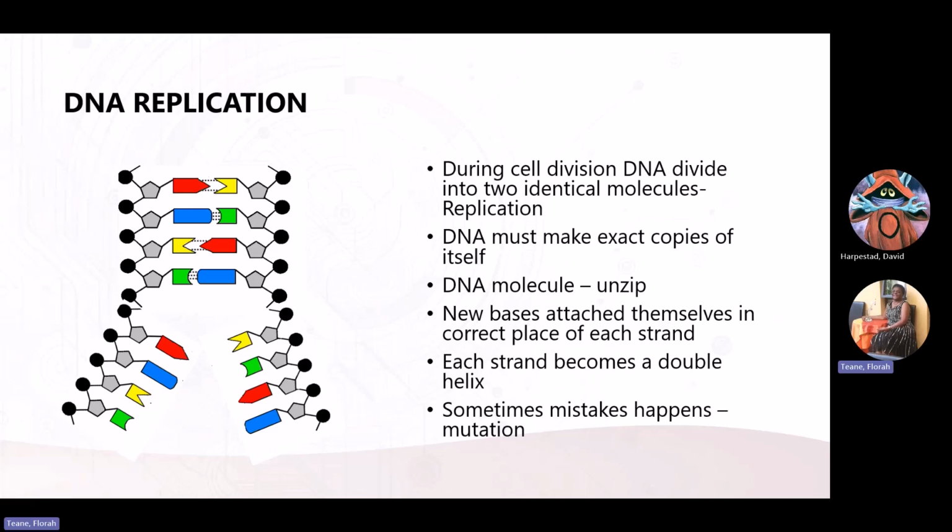It's no longer a double helix, but there are 2 strands that are not joined. Then what happens? Inside what we call the nucleoplasm, which is the liquid found inside the nucleus, there are loose nucleotides. Remember, a nucleotide is used to form a DNA molecule.